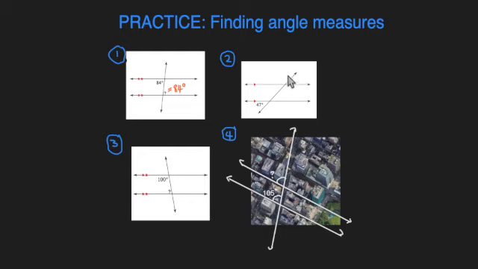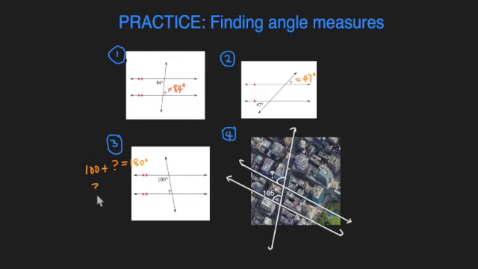Let's work through the solutions together. For number 2, this is an alternate exterior angle. So they are congruent, meaning that this angle right here is 47 degrees. Number 3, these are same side interior angles, meaning that these two angles should add up to 180 degrees. So 100 plus question mark is 180 degrees.